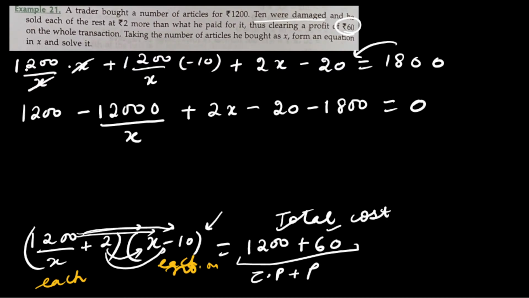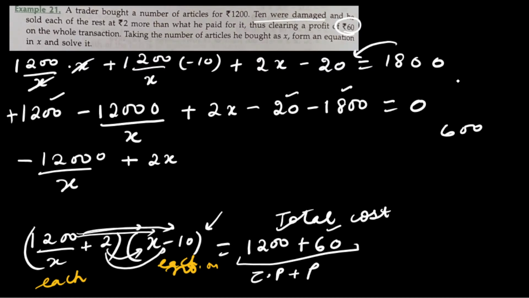So like terms, we know this 1200 is like 1800. So minus 12,000 by x, I'll just be writing here, plus 2x, and this if you do so, 1200 minus 1800 will become 600, but the sign will be negative, because the greater number has the minus sign.